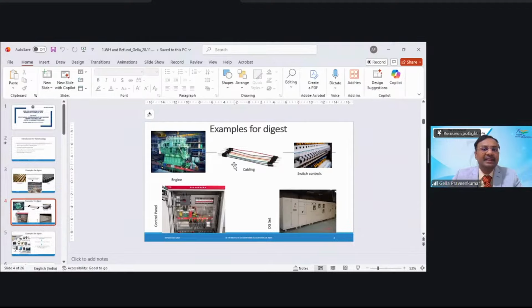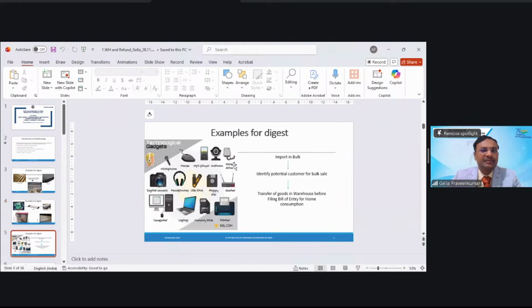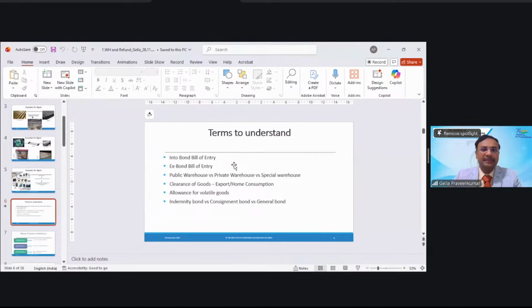So we discussed an example of how customs duty will be computed, the applicability of GST and the working capital saved, where I do this manufacture and then re-export from the warehouse. And one model where we had the MCA ROC mandatory digital signature for directors: I can import in bulk, find a potential customer, and clear these goods for the domestic tariff area.